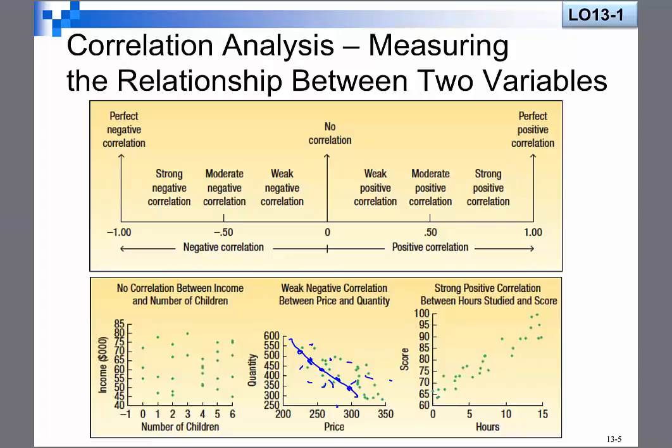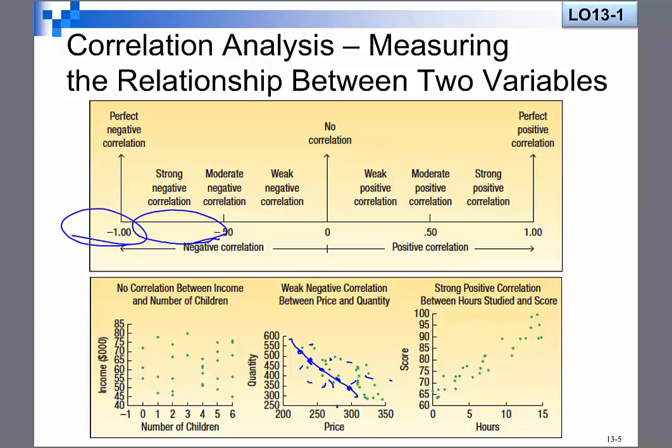As price goes down by a certain amount, quantity will go up by other amounts, and it's not consistent. That's why it's not a perfectly correlated, weak relationship. It's probably going to be somewhere in this range here, as opposed to exactly at the -1.